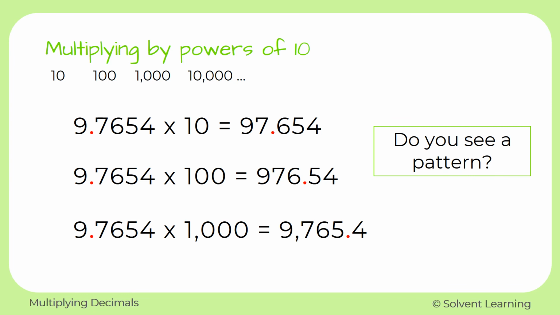So that means the decimal point will move 1 place value to the right. When we multiply by 100, since 100 has 2 zeros in it, the decimal point moves 2 place values to the right. And when we multiply by 1,000, since 1,000 has 3 zeros, the decimal point moves 3 place values to the right.